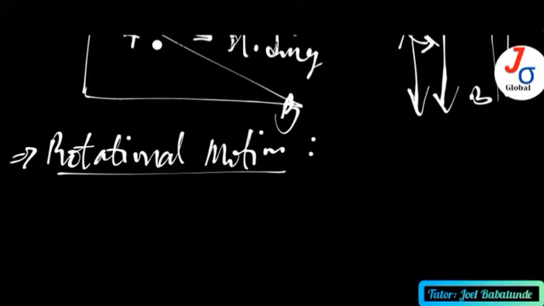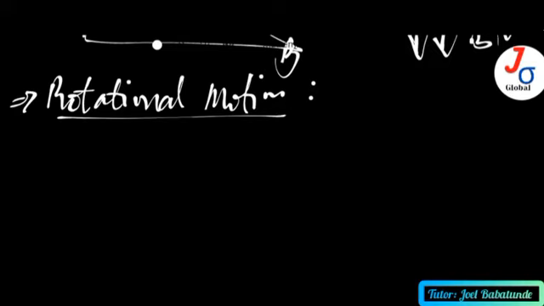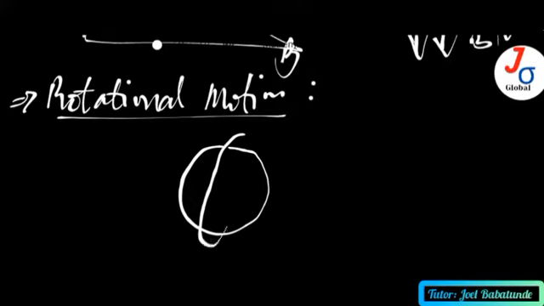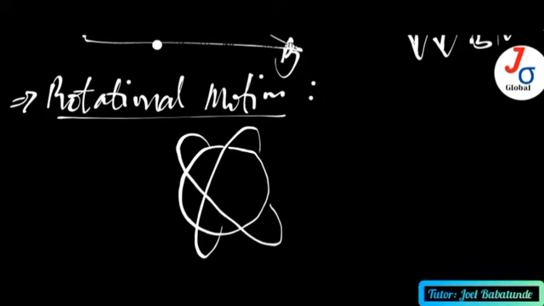So this is when objects move about their axis. So let's say the rotation of the earth. Let's say this is the earth. So the earth is rotating along its axis, just rotating along its axis.